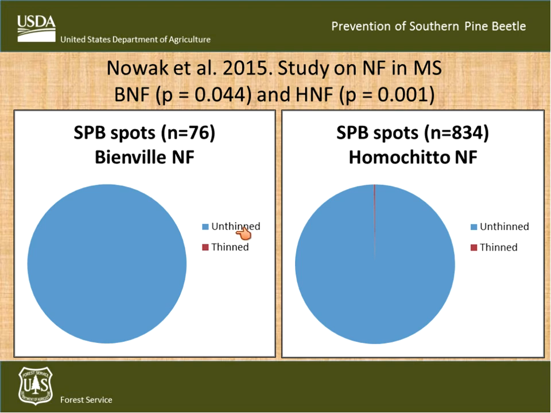And we looked at unthinned stands versus thinned stands. And basically, out of more than 900 spots, only 2 of those spots occurred in recently thinned stands, so stands that have been thinned in the past 5 or 6 years. Only 2 of those spots occurred in those thinned stands.